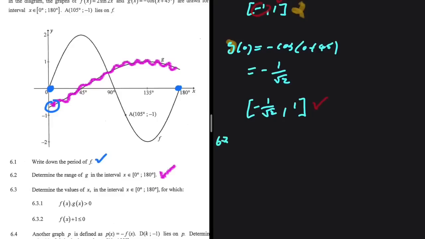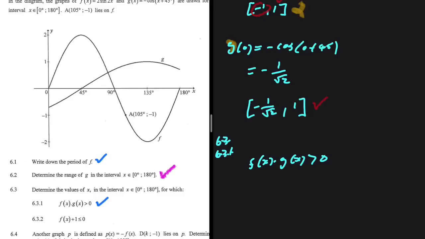Let's do 6.3.1. So determine the values of x in the interval x, an element of 0 to 180, for which f of x multiplied by g of x is greater than 0.